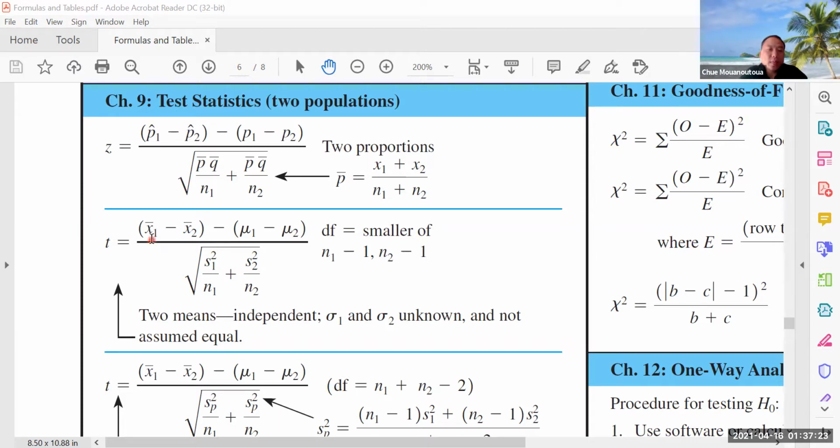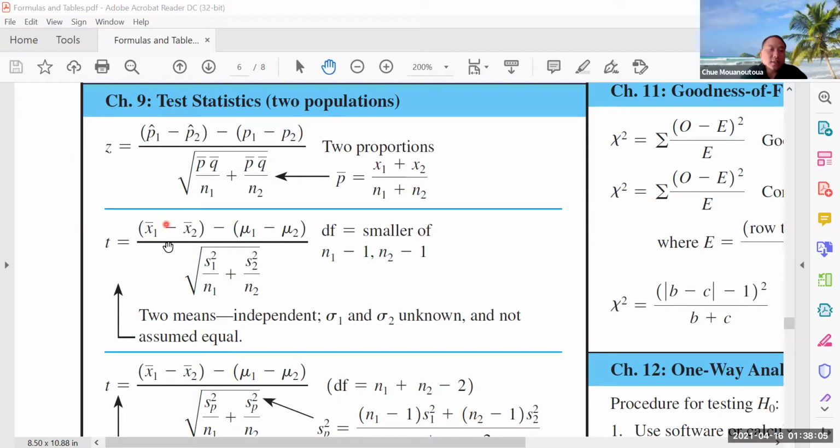Now I can name the first sample I see 1, and then the second sample I see 2. Or I can switch and say the second sample that I see will be the first sample that I choose, and the first sample that I see I will pick to be the second sample. In other words, I pick the second sample to be x bar 1, and my first sample will be x bar 2.